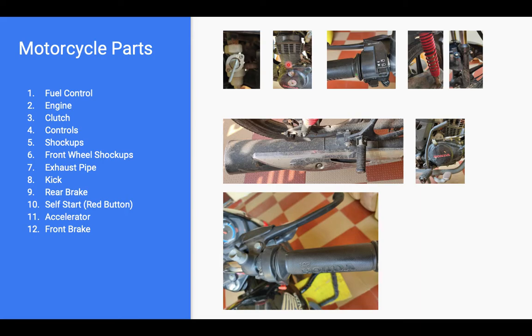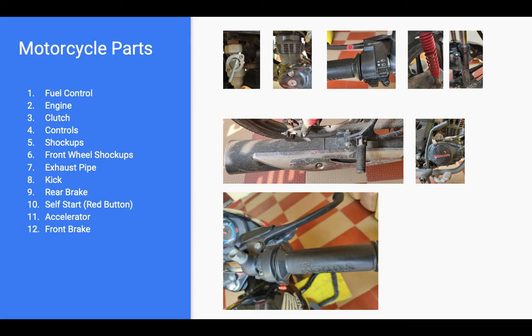The fuel is passed into it and combustion takes place, and then power is delivered. Then here are the controls. They contain the switches for lights, horn, indicator, and choke.